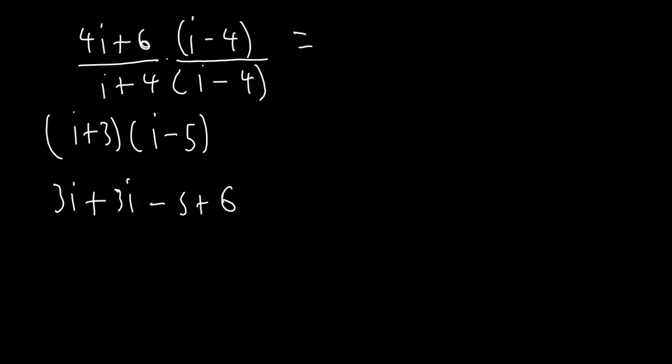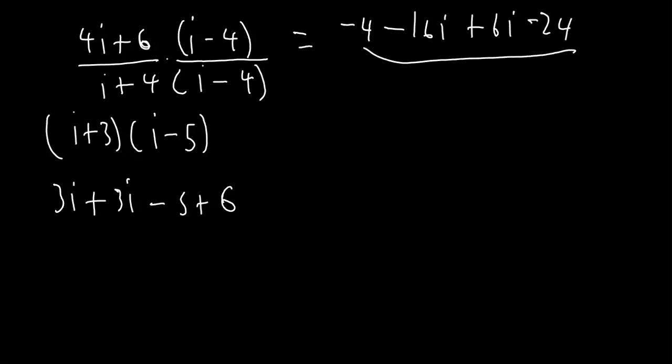So when we do this, we get 4i times i is just negative 4. 4i times negative 4 is just negative 16i. 6i times i is just, well, 6i. 6 times negative 4 is just negative 24, over i times i, negative 1.